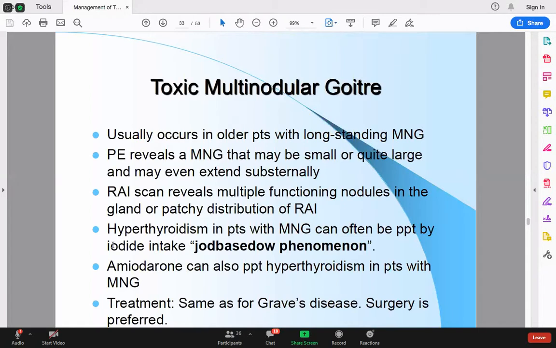So people who don't take iodine, and all of a sudden they take it, may have toxic multinodular goiter precipitated. In the scan, the whole goiter is going to be shining. Some medications, including amiodarone, may precipitate hyperthyroidism and toxic multinodular goiter. Treatment is again as for Graves' disease, but because this is multinodular, not only one nodule, surgery can be preferred.